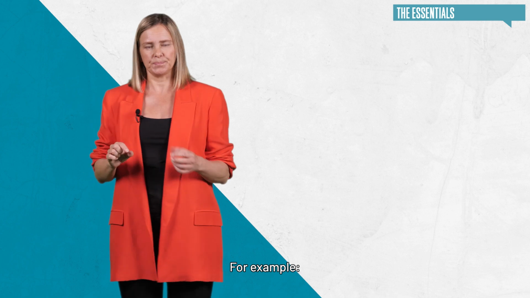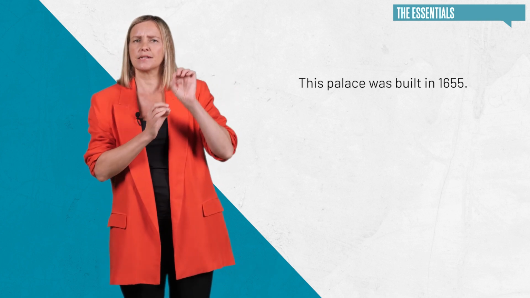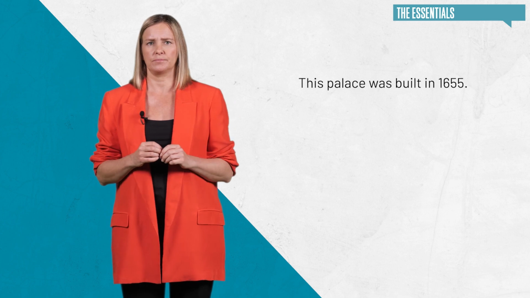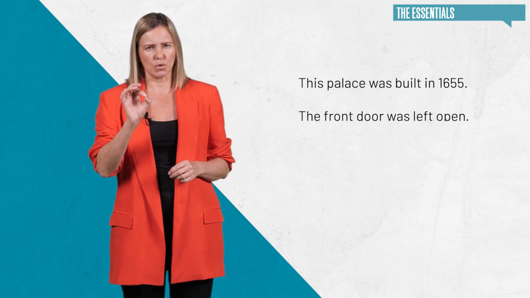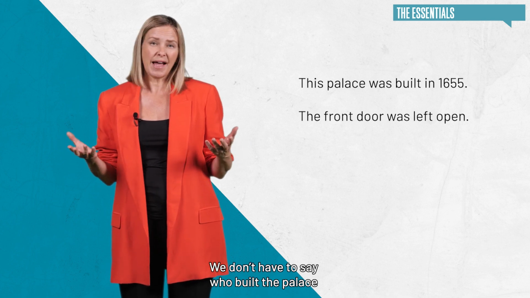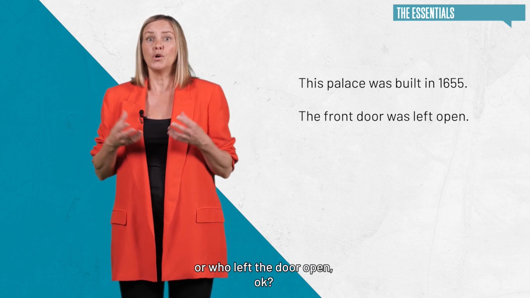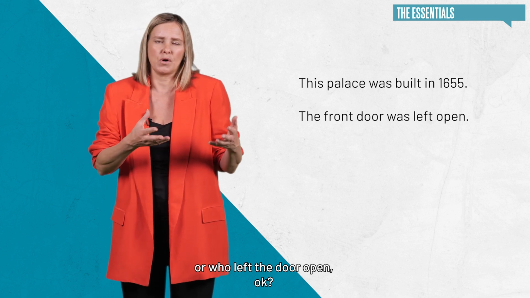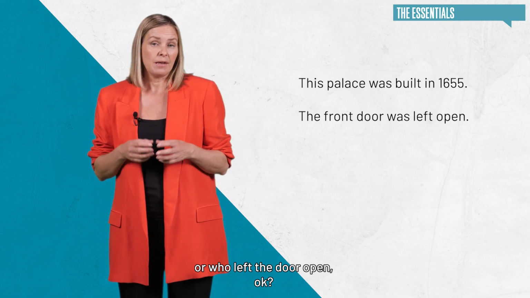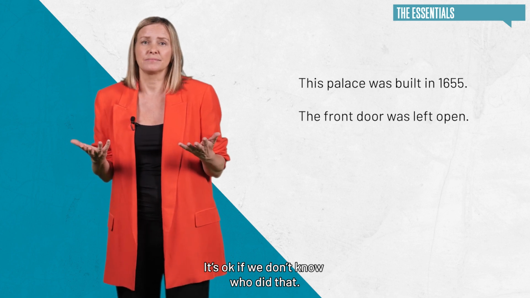For example, this palace was built in 1655. The front door was left open. We don't have to say who built the palace or who left the door open, okay? It's okay if we don't know who did that.